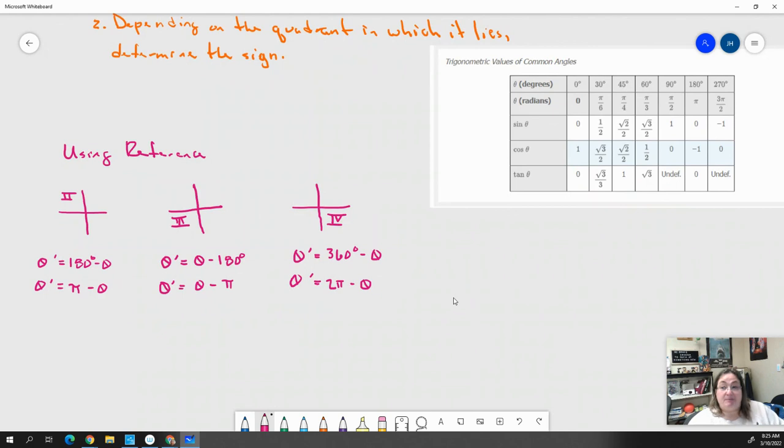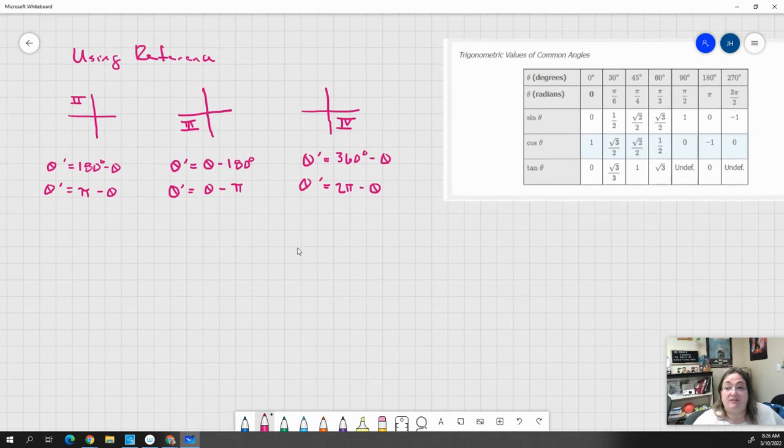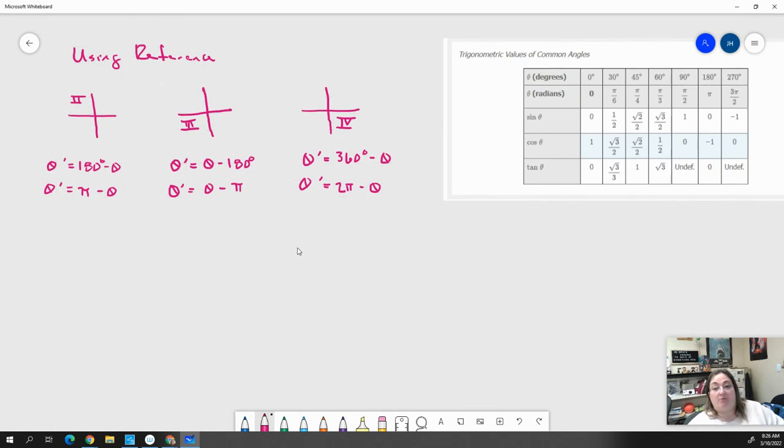So using these pieces of information and these formulas, we can solve bigger angles using the reference angle.